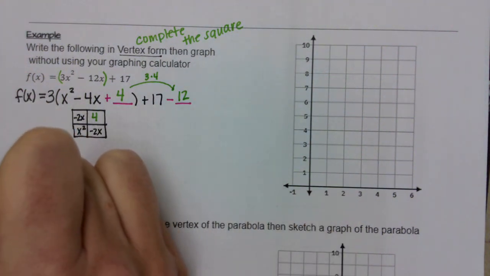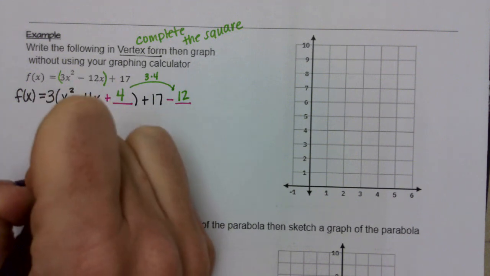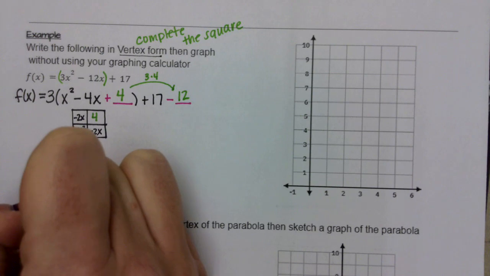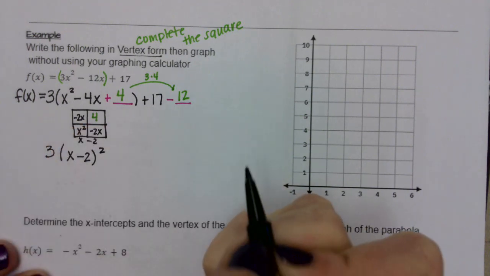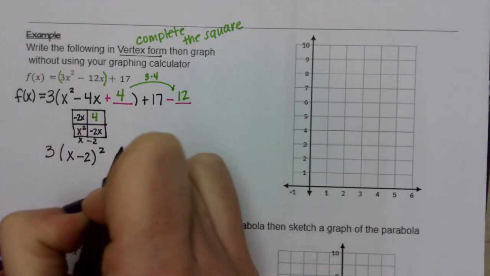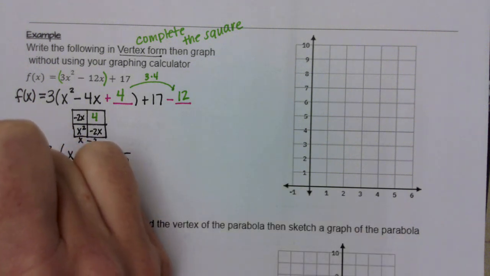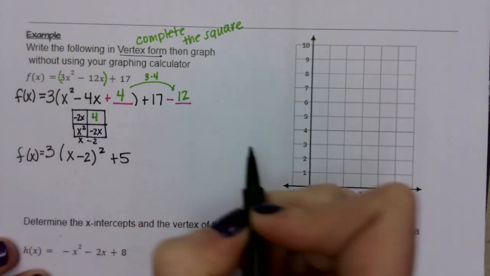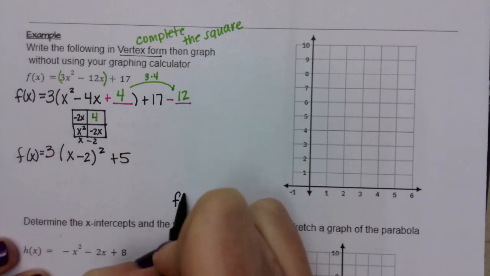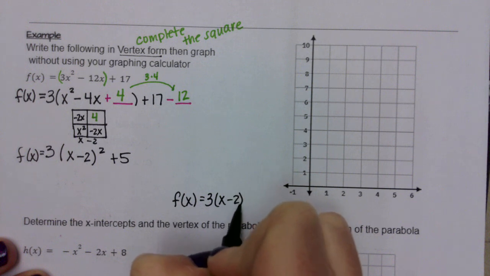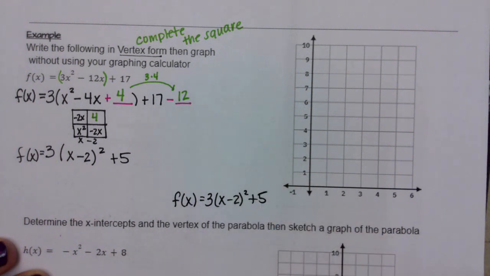So 3 times, remember, this is the base of my rectangle or my square, so x minus 2 squared. 17 minus 12 is plus 5. So my final answer, f of x equals 3 times x minus 2 squared plus 5.